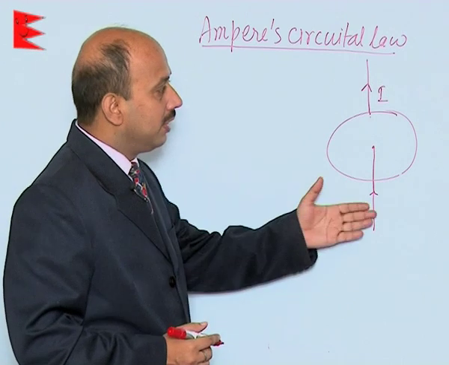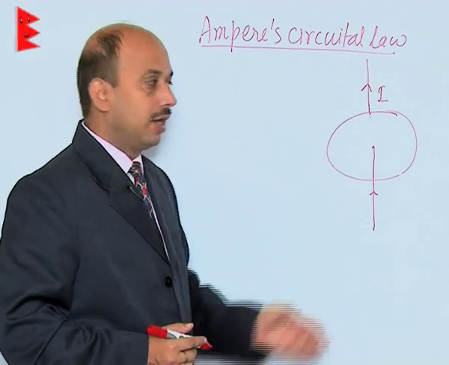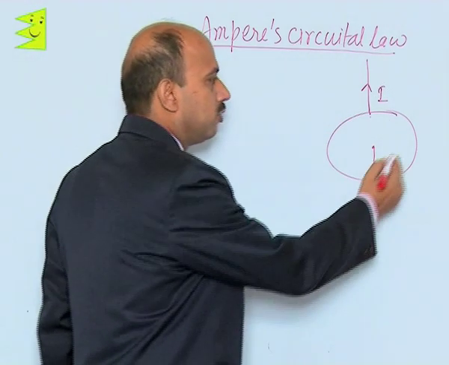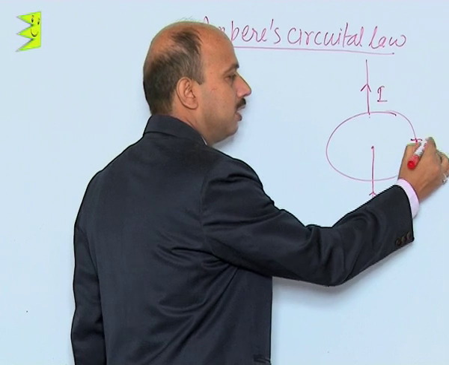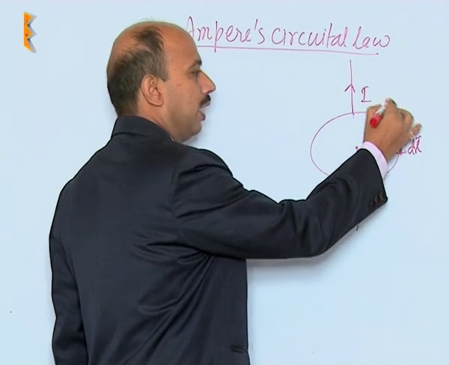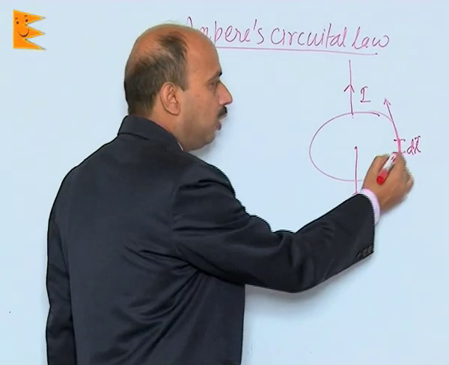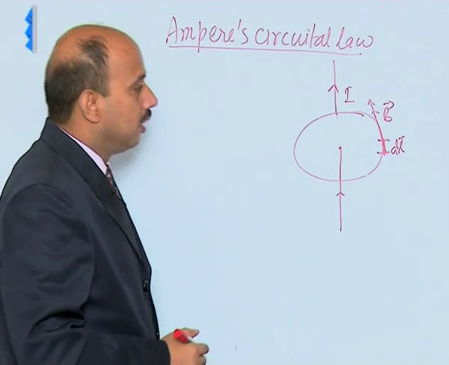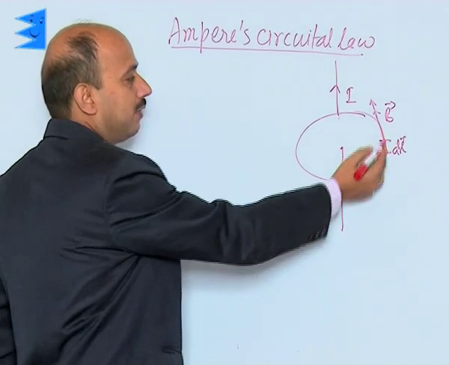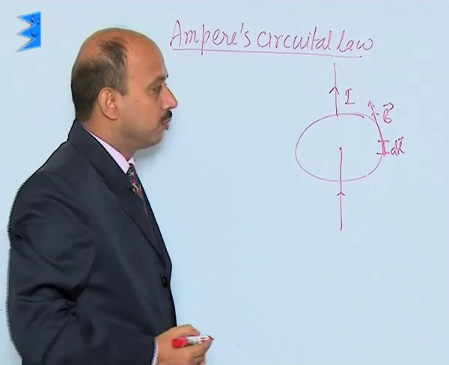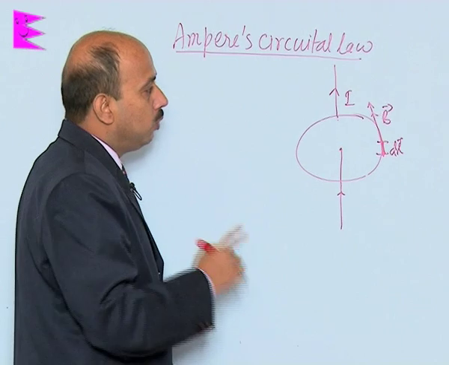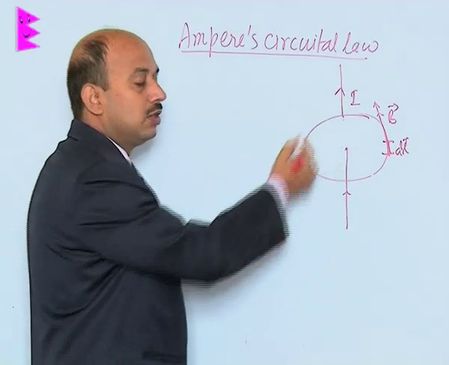So, see here, we take a current carrying conductor. Around the current carrying conductor we draw a loop, and suppose you have taken a small element of the loop, that is the dl. It is going like this, and the magnetic field at this point is also in the same direction. Then the line integral of magnetic field over this closed path in vacuum is equal to mu naught times the current threading the loop.